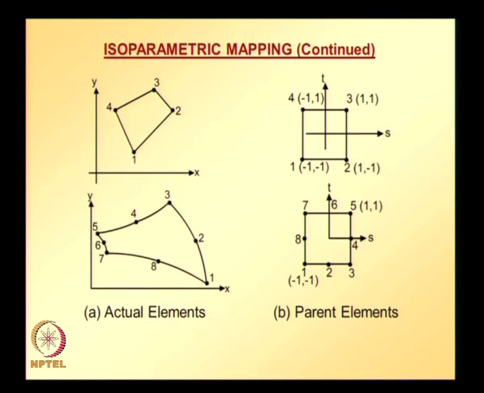The 4 noded element is going to be mapped onto a parent element having 4 nodes, nodes 1 to 4, and the nodal coordinates are also indicated, and an 8 noded element is going to be mapped onto an 8 node parent element, and the nodal coordinates can be easily figured out from the information that is given in the figure.